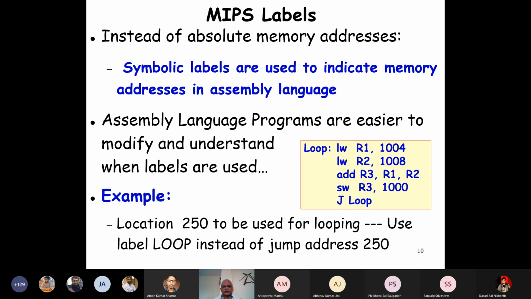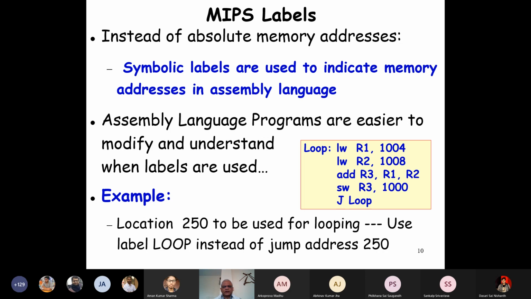When you use labels, life becomes simpler because we don't make that silly mistake where instead of counting 40, we have computed 38, and the program gave all wrong results. That does not happen if we use labels.